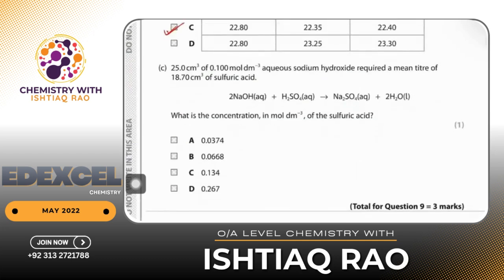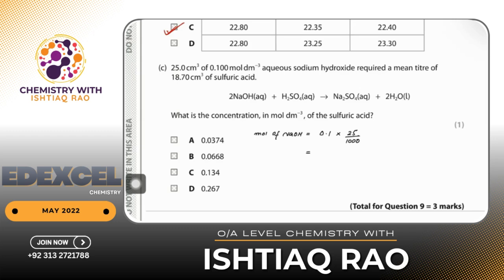What is the concentration in mole per dm cube of the sulfuric acid? So moles of sodium hydroxide is equal to concentration, that is 0.1, multiplied by the volume in cm cube divided by 1000. It would give you the moles of sodium hydroxide.